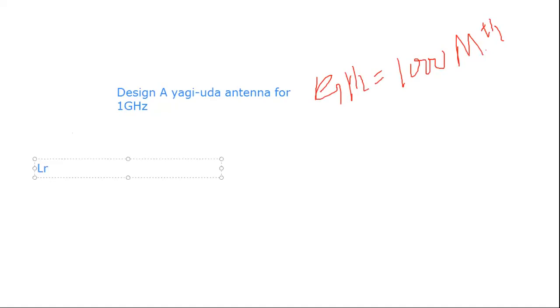LR is equal to 492 divided by 1000, and this is equal to 0.492 feet, which is approximately 15 centimeters. You can convert by using the Google converter that converts feet into centimeters.